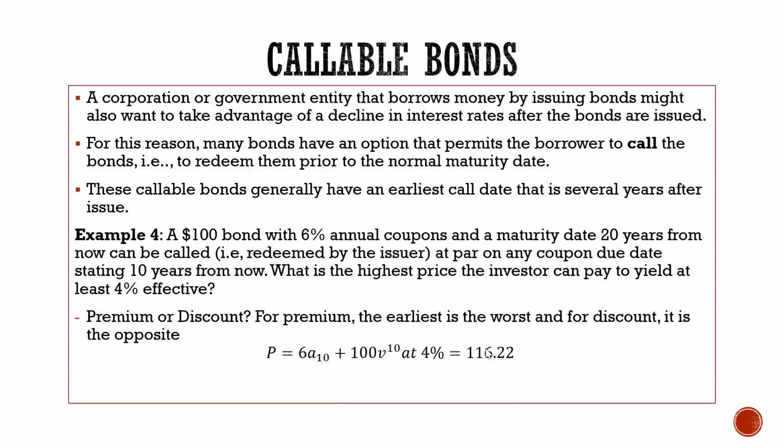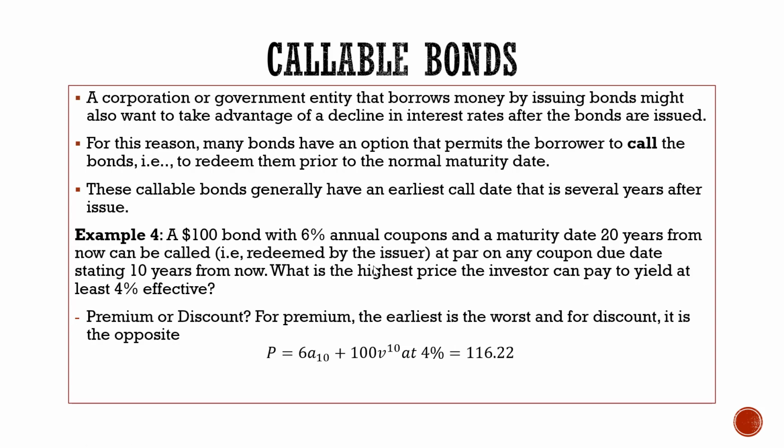Here you can see that the coupon rate is 6%. This is R. And remember, because the bond is redeemed at par, G is also 6%. And we expect the interest to be 4%. That means G is greater than I. So this is a premium bond, and for a premium bond, the earliest is the worst.